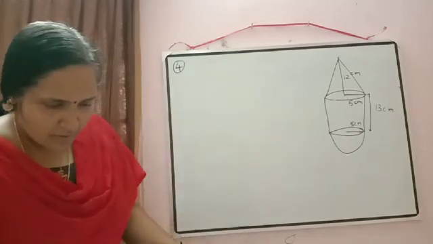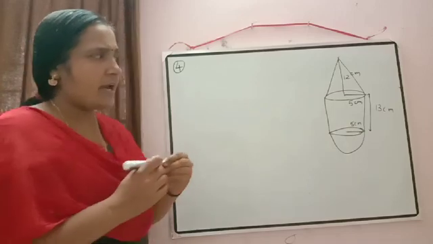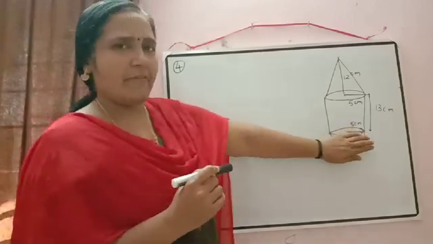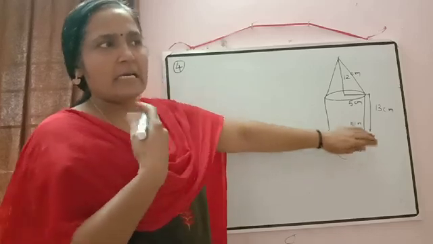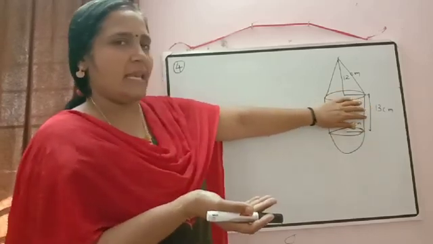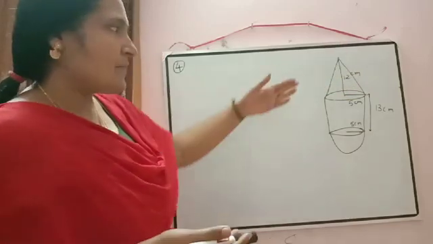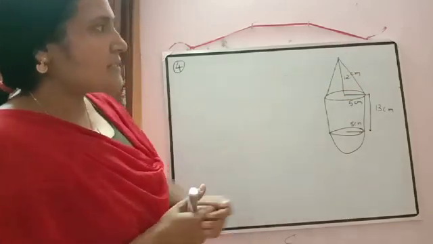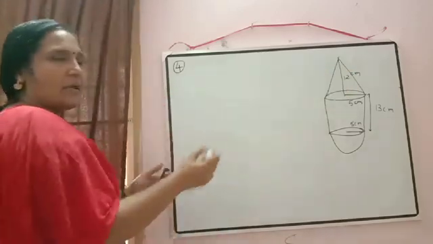Then you don't have to write here radius is equal to this much. So again, if we paint this toy, what do we have to paint? Yes, we have to paint the curved surface area of hemisphere, curved surface area of cylinder and curved surface area of cone. To calculate the curved surface area of cone, we need slant height. So first we can calculate the slant height.